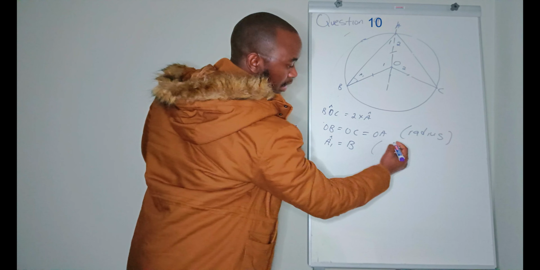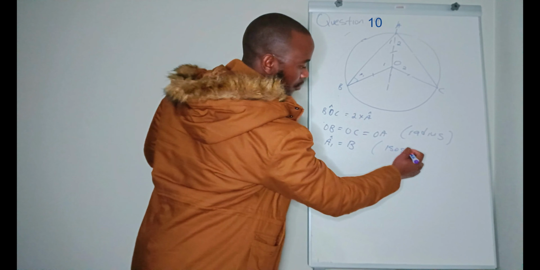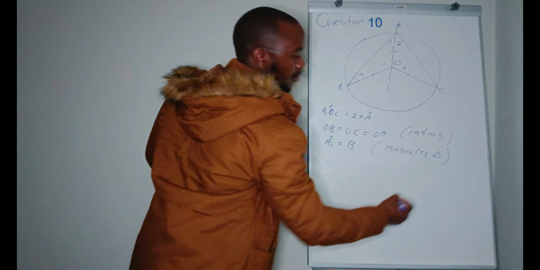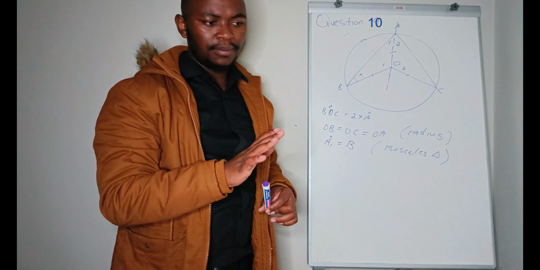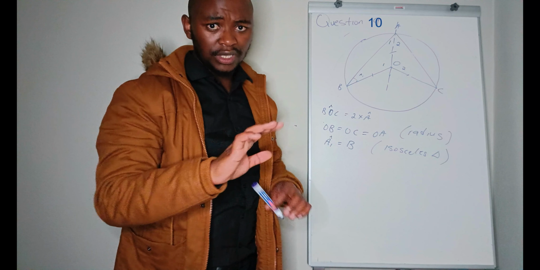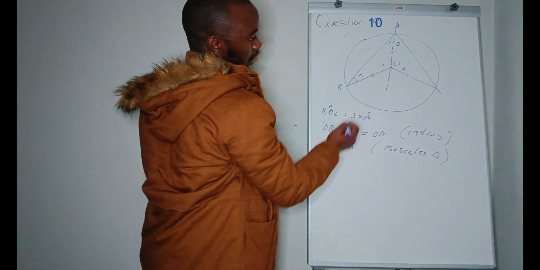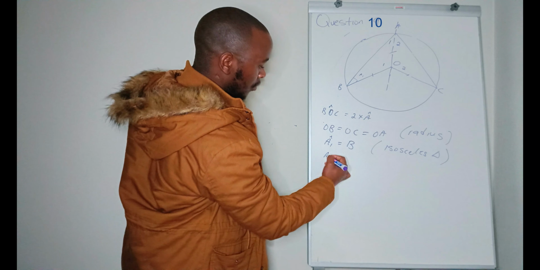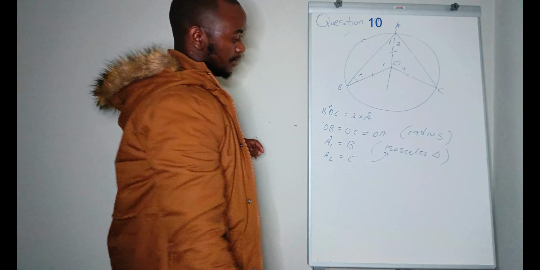The reason being that it's an isosceles triangle. I'll attach a video below that emphasizes the isosceles triangle. So this is an isosceles triangle, the two base angles are equal. Same applies to A2 equal to C, same reason.